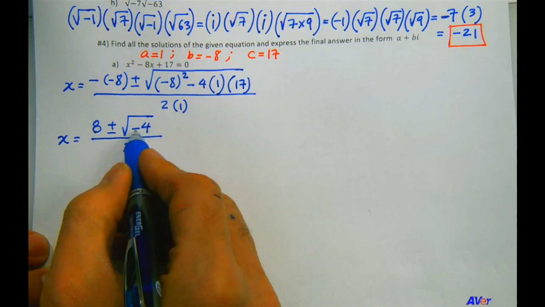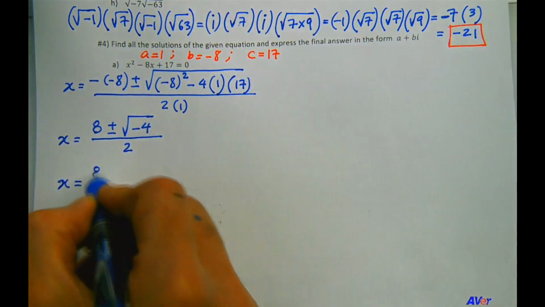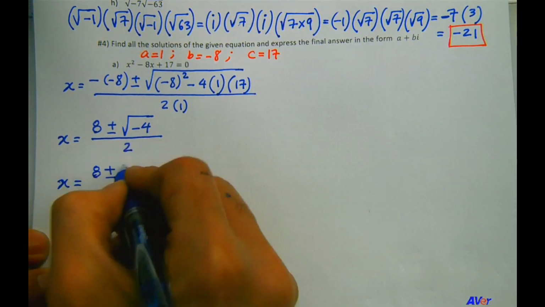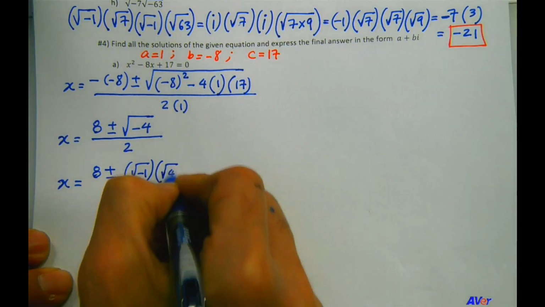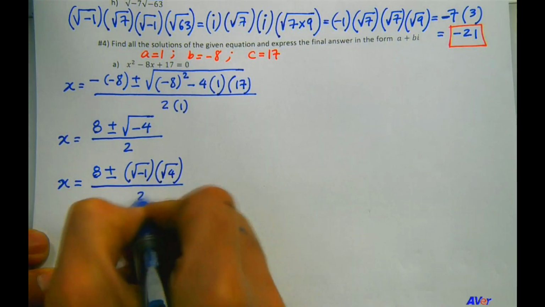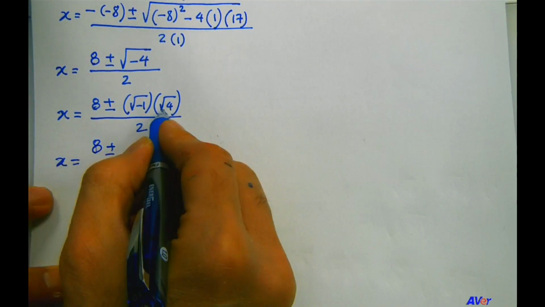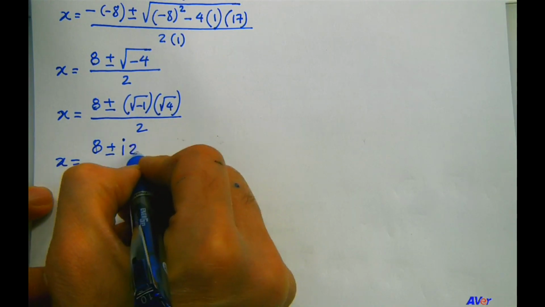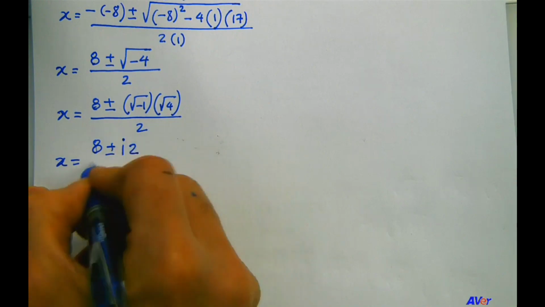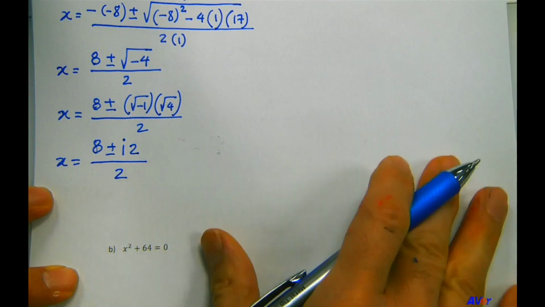Okay, so that is clearly a complex number. So x equals 8 plus or minus square root of negative 1 times square root of 4, divided by 2. Then x is equal to 8 plus or minus i, square root of 4 is 2, right? Or 2i, divided by 2. Okay.